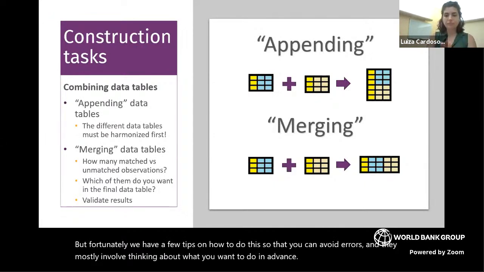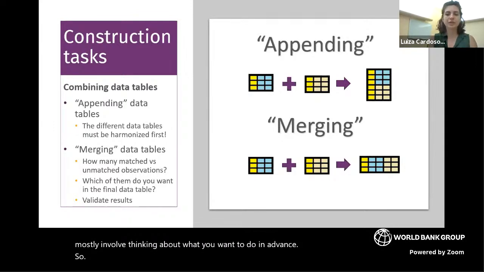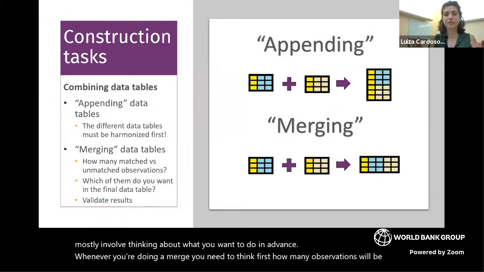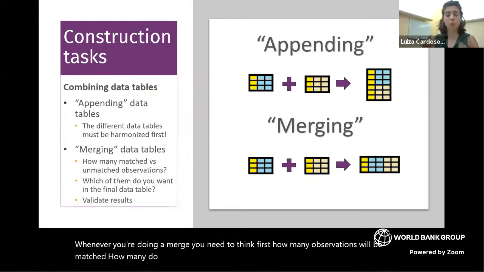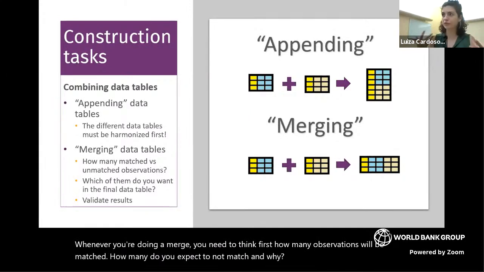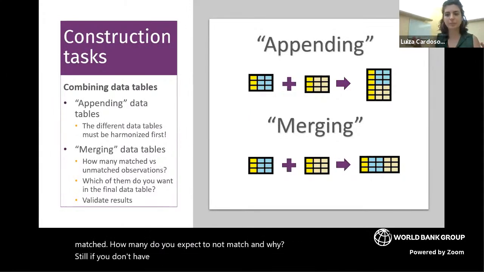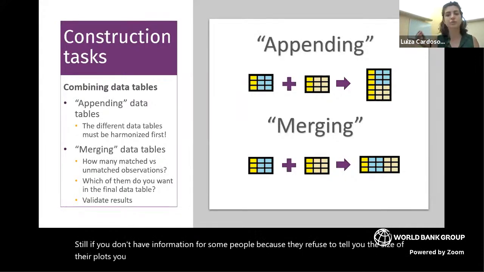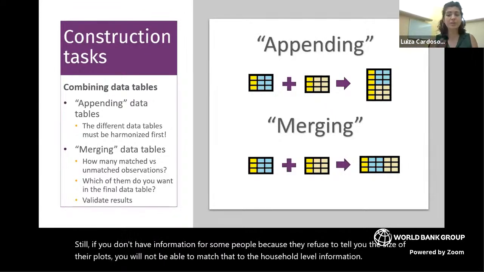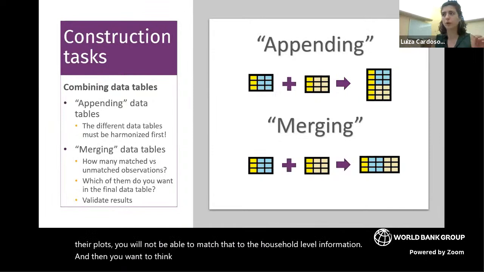So whenever you're doing a merge, you need to think first, how many observations will be matched? How many do you expect to not match, and why? So if you don't have information for some people because they refuse to tell you the size of their plots, you will not be able to match that to the household level information. And then you want to think about what you want to do once you combine them.